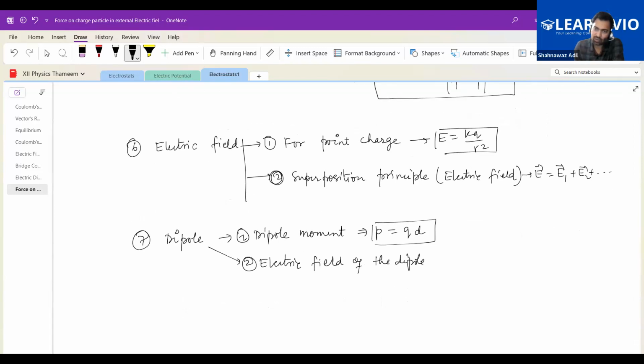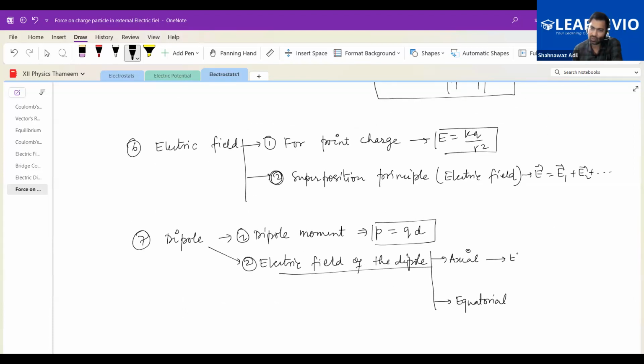So how many electric fields were there for the dipole? Do you remember? There were two. One was axial, the other one was equatorial.